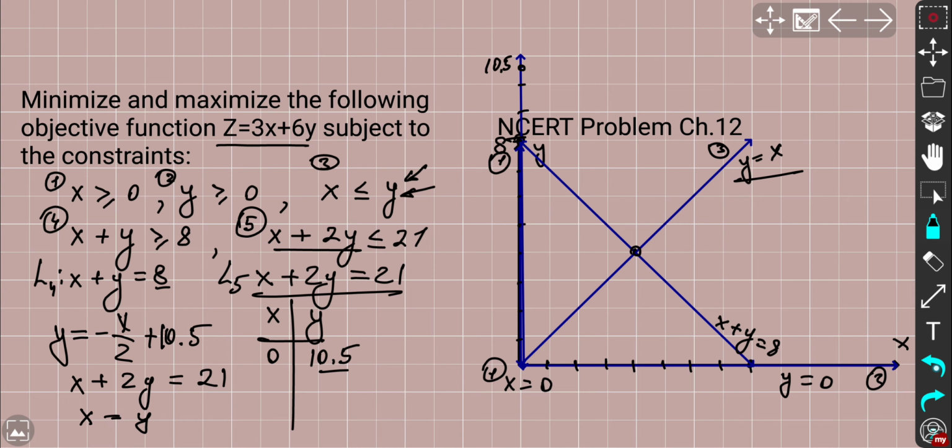If I plug x equals y in, I'll get basically 3x equals 21. If I combine them, x is going to be 7. So when x is 7, because x equals y, I've got also 7, and I have the point of intersection of two lines, lines 3 and 5.